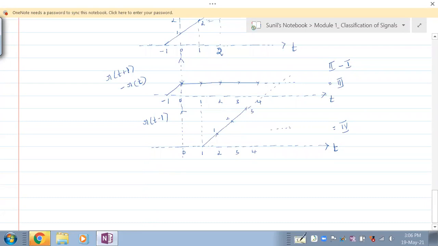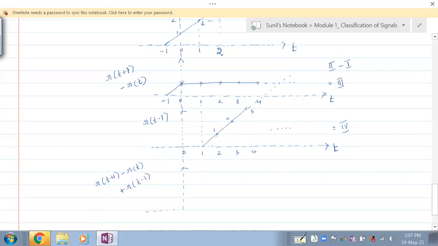So now r of t minus 1 needs to be added to this signal to get x of t. So what we sketch here is this, r of t plus 1 minus r of t, and we are adding r of t minus 1 to it.